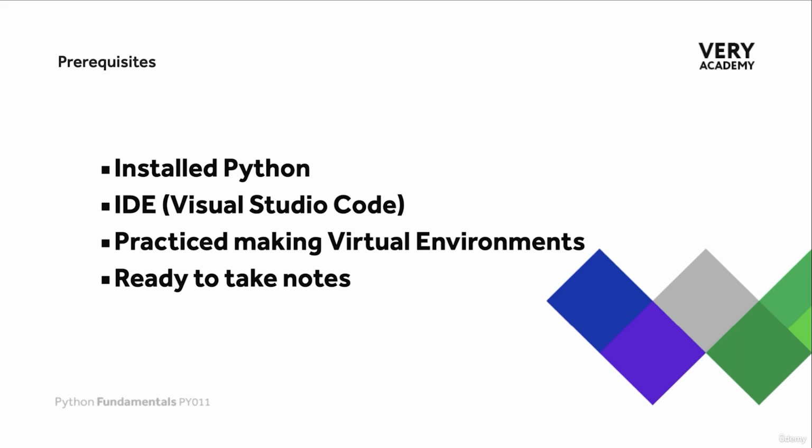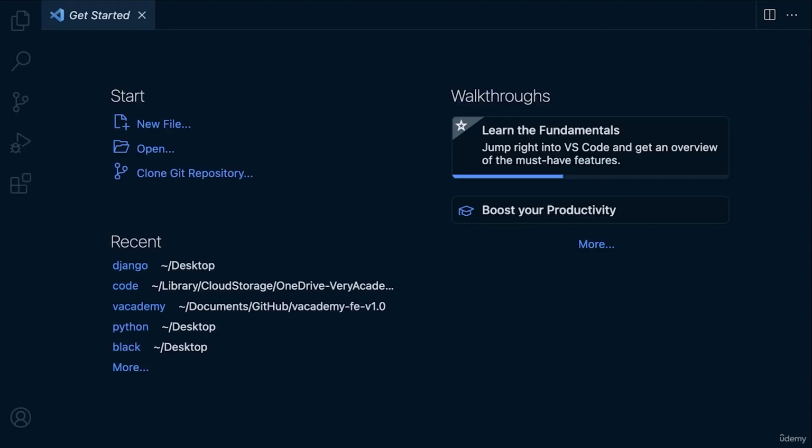It's always recommended to make notes, for example, the commands required to enter virtual environments and so on. I will try and guide you as we move along in the different tutorials where potentially you might want to make some notes. So I will make the assumption you are using Visual Studio Code.